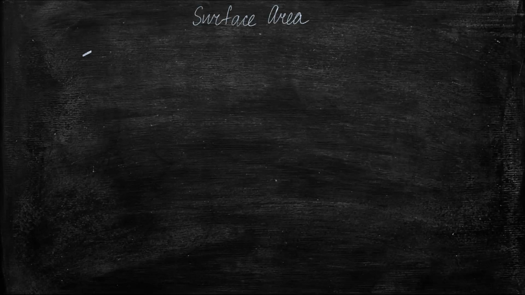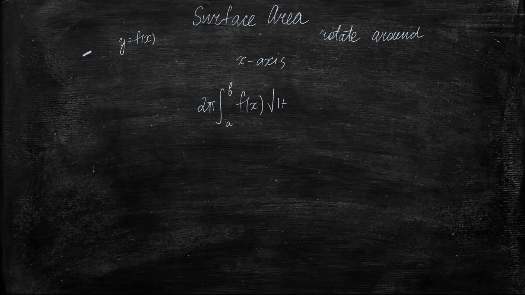So if we have some function, let's say y equals f of x, and then if we rotate it around the x-axis, we get the following formula. We get 2 pi integral from a to b of f of x times the square root of 1 plus f prime of x squared dx.